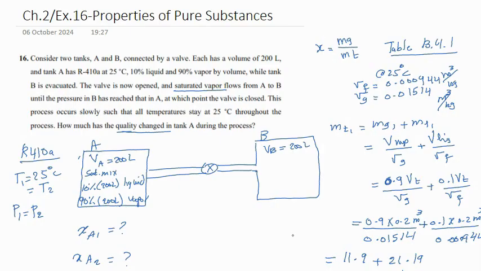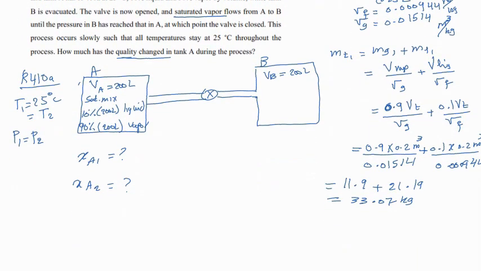So from here we can work out the first quality before the valve is open. So the quality of tank A at state 1 before the valve is open is the mass of the vapor, 11.9, over the total mass.